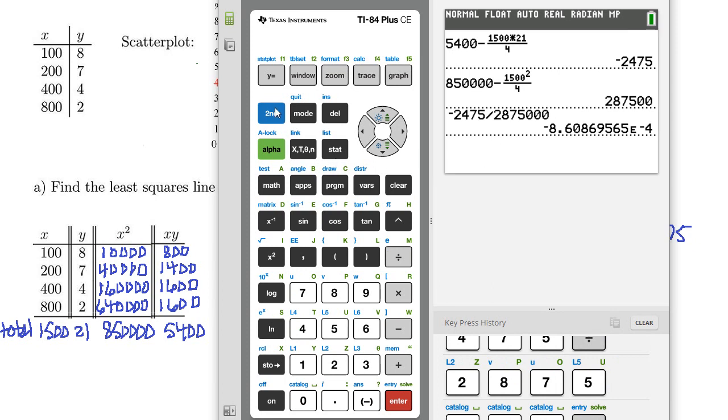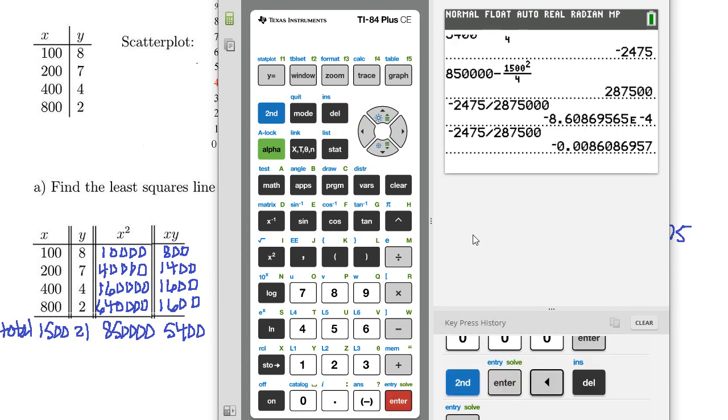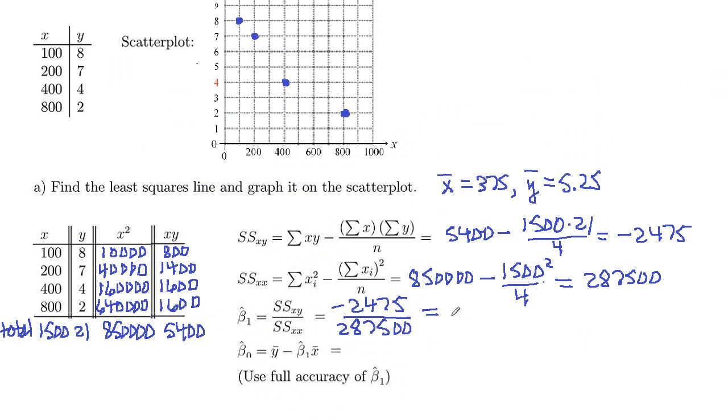Oh, I got one too many zeros there. There we go. Negative 0.0086957. I'll use all the decimal places in this calculation. We'll round when we get done.